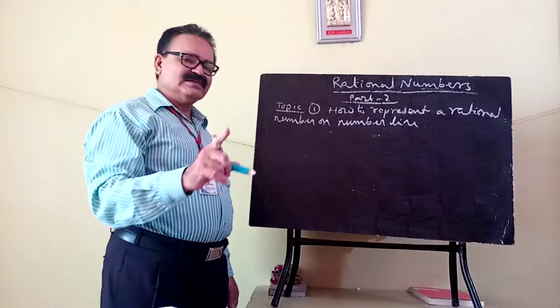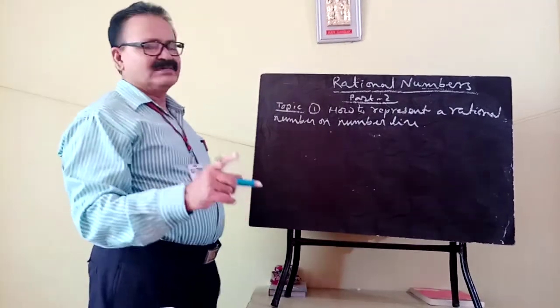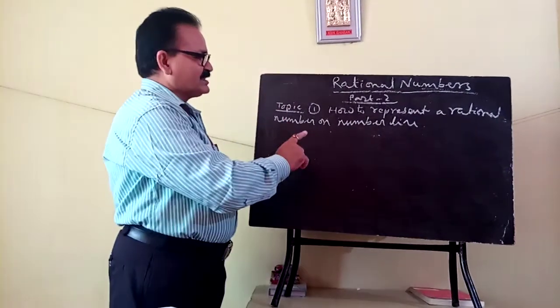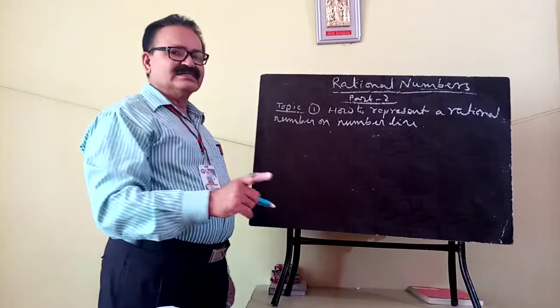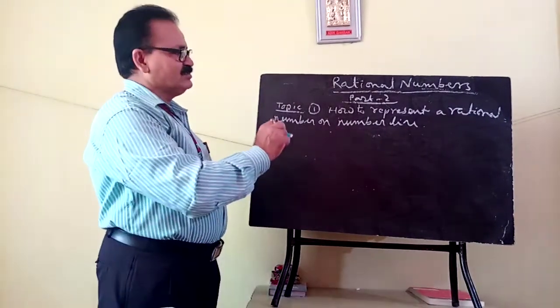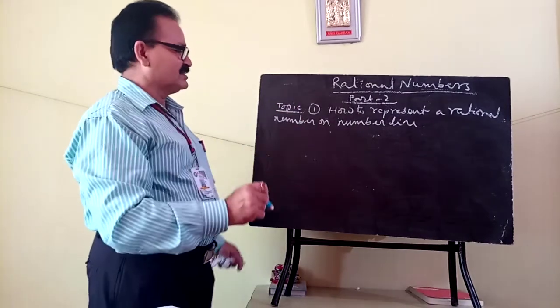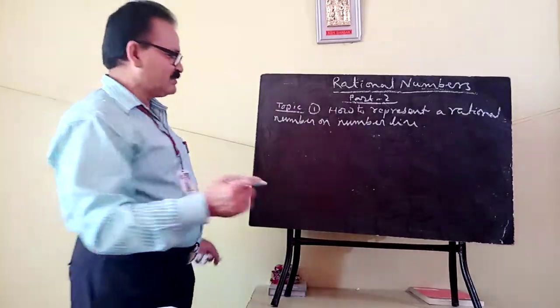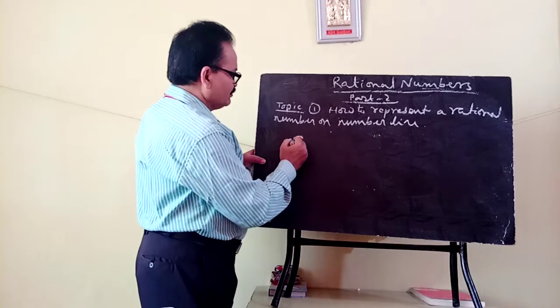You had already learned how to represent integers, natural numbers, and whole numbers on a number line. In that way also we will do the same thing, but there is a little bit of difference that I am explaining to you.